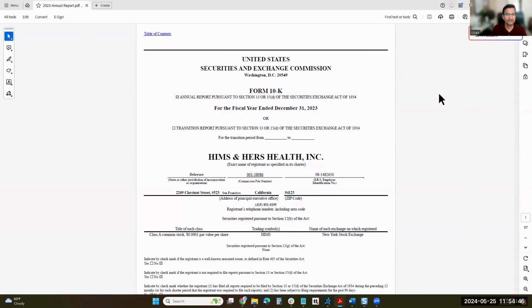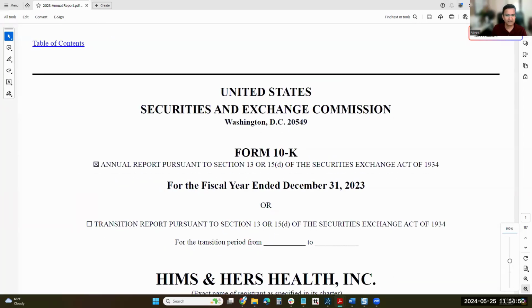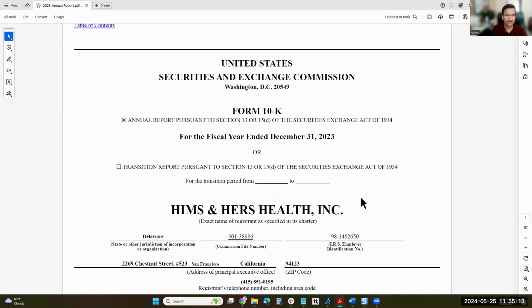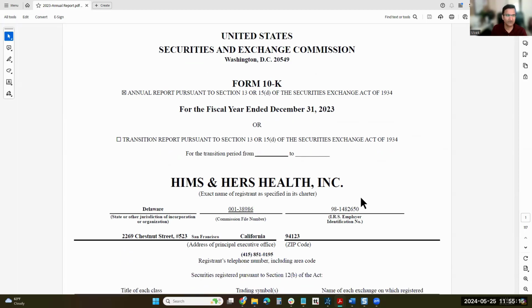First things first, I want to understand what this company is, what business it is in. First is qualitative, then I look more into the quantitative information. So I don't want to look at financial results right now, but let's understand first what the business is.